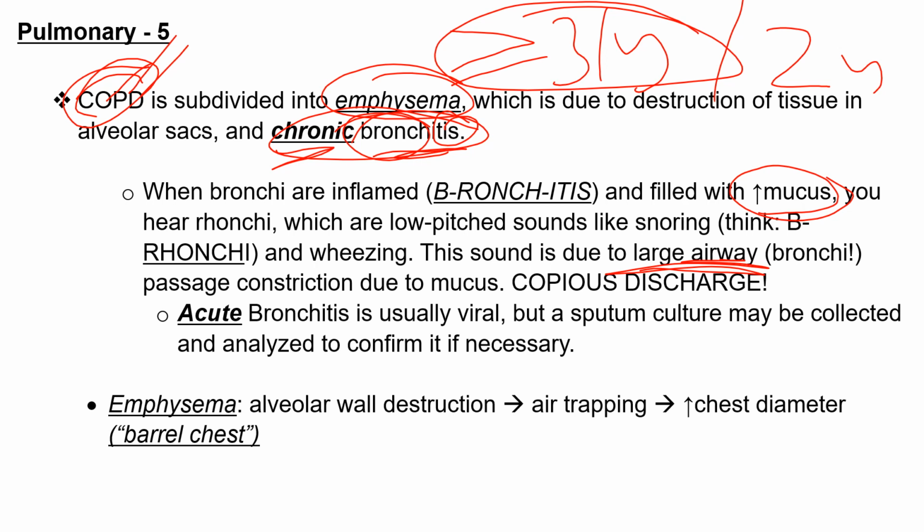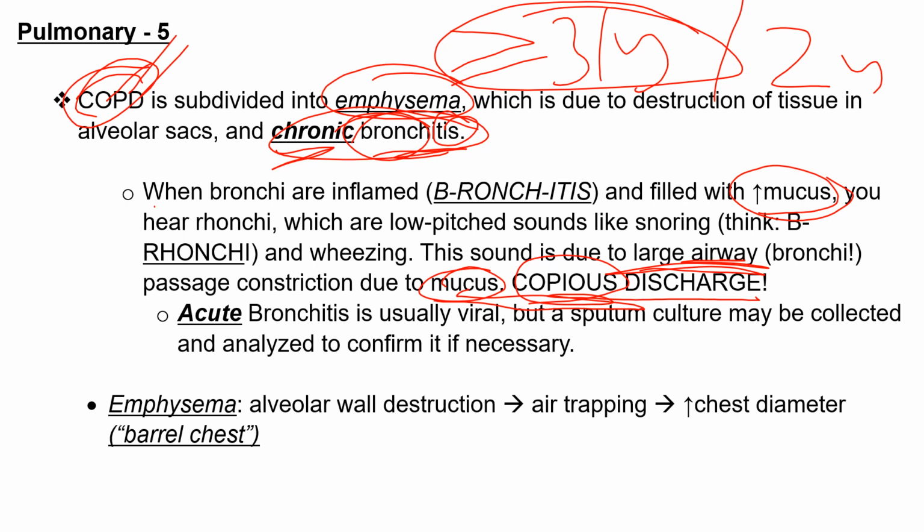And this is due to an inflammation of the bronchi, bronchitis, where a mucosa that lines the airway from the inside undergoes hyperplasia, increase of cell number, and these cells produce copious mucus, a lot of mucus, and so patients have a lot of discharge.